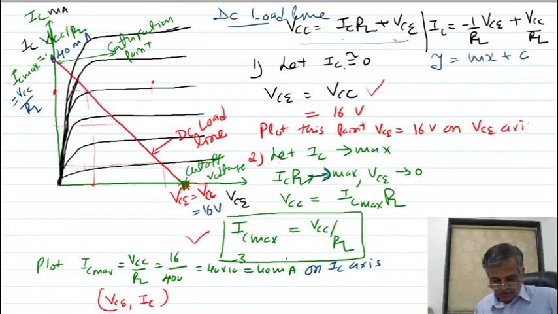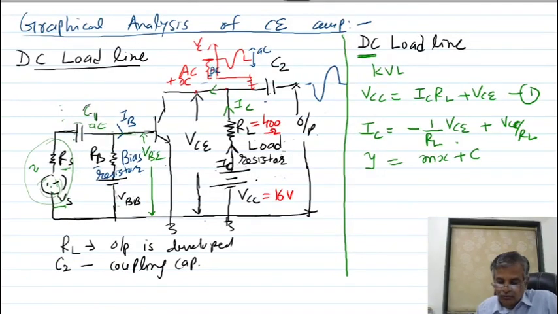The maximum output you can get is VCC. Not more than this. So in any circuit, remember, the maximum output voltage can be up to VCC.